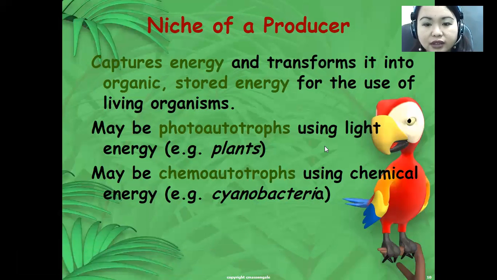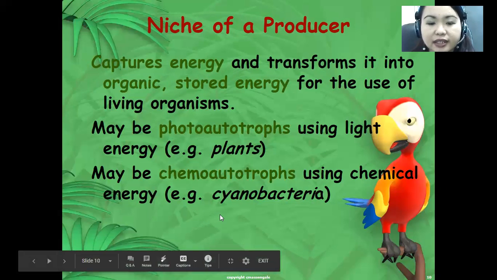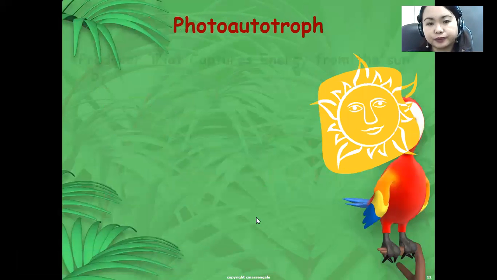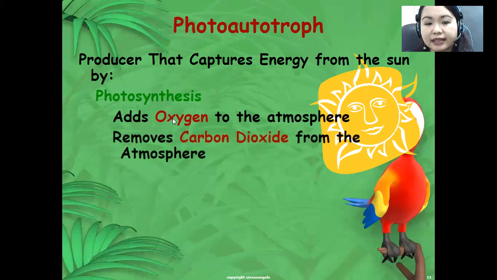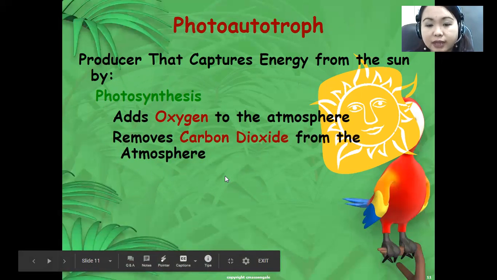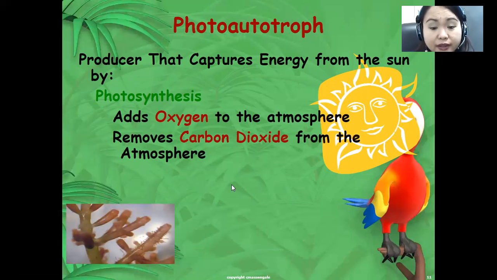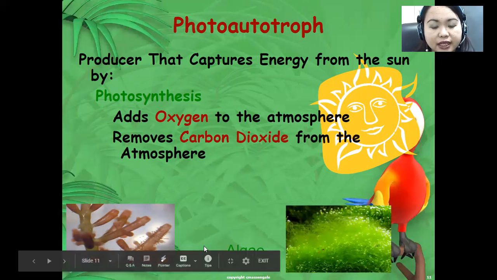So again, autotrophs can be photoautotrophs, like plants, and chemoautotrophs, like cyanobacteria, if they use chemical energy to produce glucose. Photoautotrophs are producers that capture energy from the sun by photosynthesis, wherein they add oxygen to the atmosphere and remove carbon dioxide from the atmosphere. An example of this is algae.